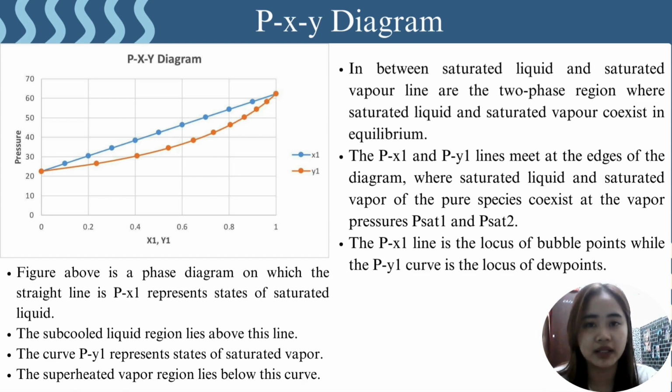The Px1 and Py1 lines meet at the edges of the diagram, where saturated liquid and saturated vapor of the pure species coexist at the vapor pressures P1sat and P2sat. The Px1 line is the locus of bubble points, while the Py1 curve is the locus of the dew points.